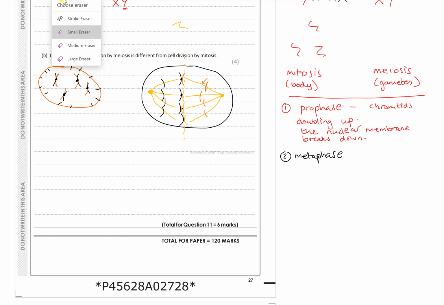So what you have is all this starts disappearing. These get shorter, they eventually disappear. Right, so where they were lining up is called metaphase.